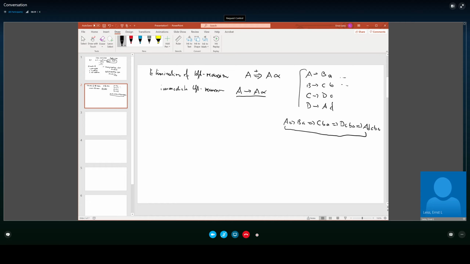In this case, you obviously have a situation that shows that a variable, in this case A, would generate a string that starts again with that variable A, but there is no immediate left recursion anywhere. Okay? So the first thing we're going to do is we eliminate immediate left recursion.